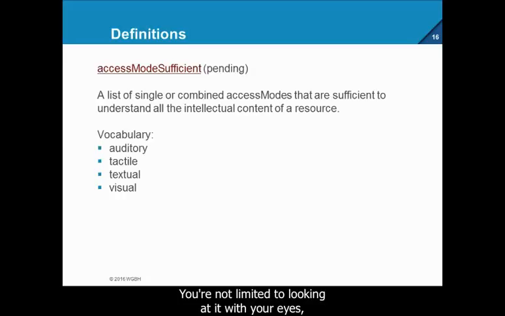You're not limited to looking at it with your eyes, but it must be true text. Whereas a person who didn't want to read text, only wanted to hear audio, would not benefit from that dictionary because the definitions of the words and the sample sentences and so on are only presented in text and not in audio. So that's a quick run through what access mode sufficient does.